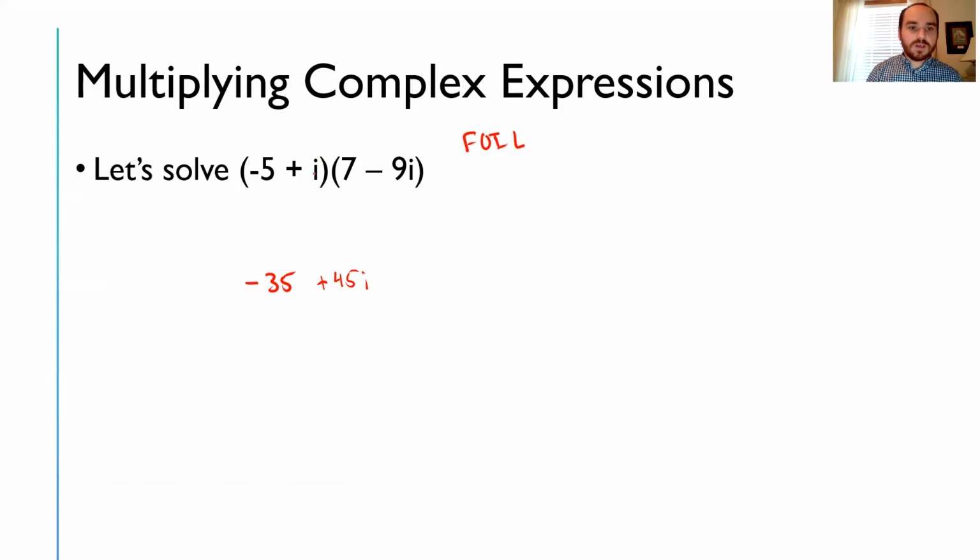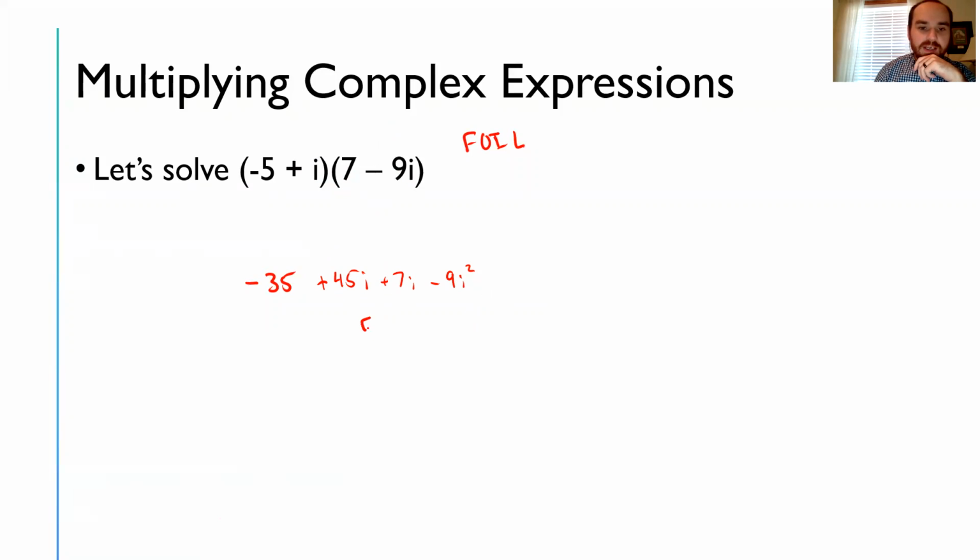Then we have our insides, so plus 7I, and then we have our lasts, so that's plus I times -9I, that's minus 9I squared.